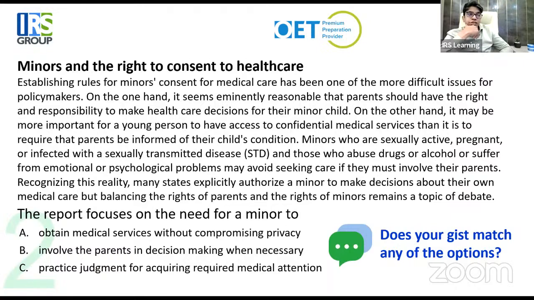So this time around, it's a fight between A and B. And so it's very interesting.